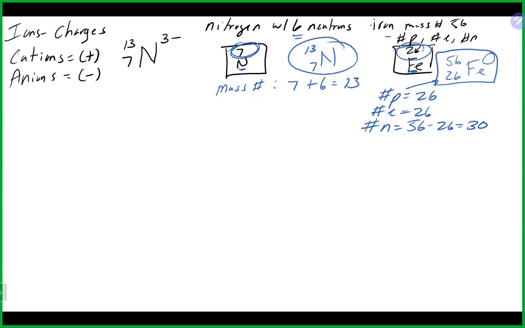Because it has a -3 charge, this is what is known as an anion. Now, we want to think about what happens with each of those subatomic particles. First off, the number of neutrons in this case is going to be the same because the mass number is 13, the atomic number is 7. That is going to give us 6 neutrons, right?